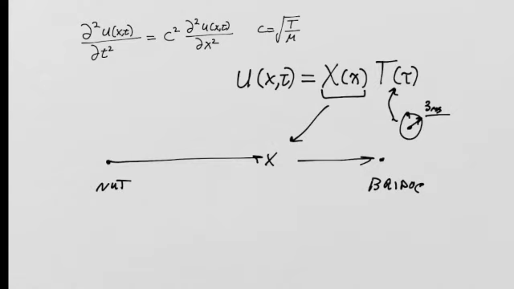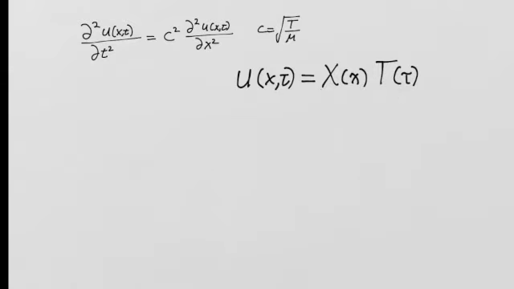So with that in mind, we're going to take this separated solution and put it into our equation and see what happens. The way we do that is we look at the left-hand side, the second derivative of u, where I replace u by X times T. I've eliminated this little x and this little t.